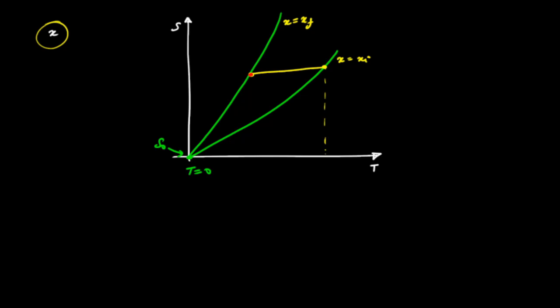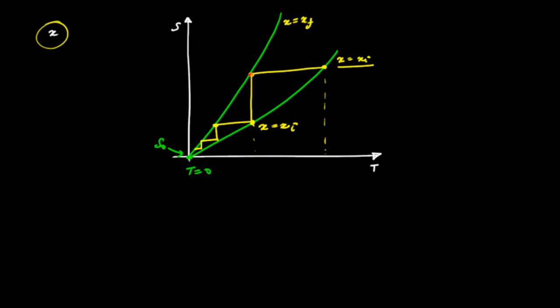Now if you want to further reduce the temperature, one way to do it is that you can go back to this state X equals xi but at lower temperature, and then try to have this reversible adiabatic process back to X equals xf, and you can keep on doing this.